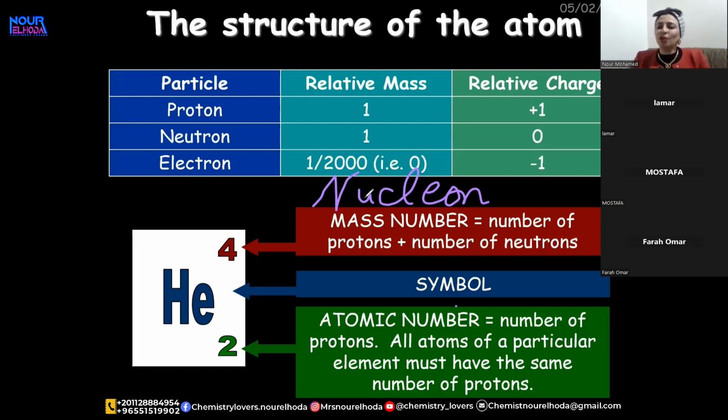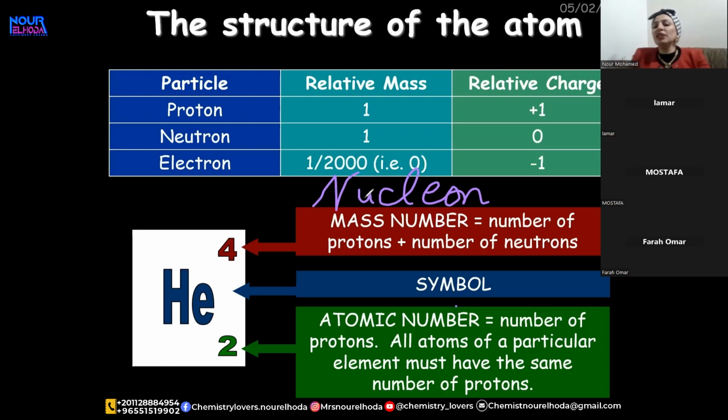Please don't say number of electrons and protons, or electrons or protons. This is wrong. I'm talking about mark scheme answers, for Cambridge and for Edexcel. I need to say it is the number of protons, don't say electrons.